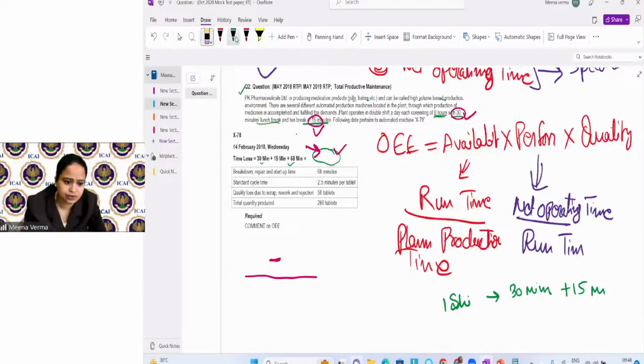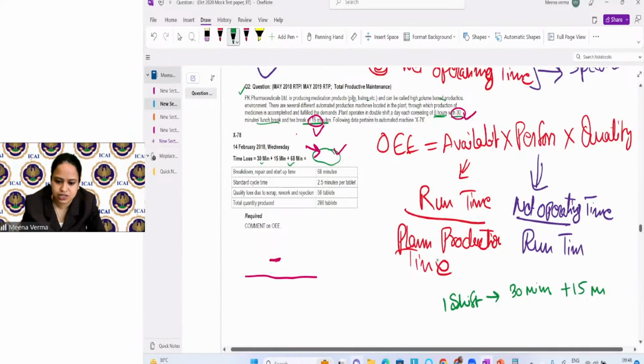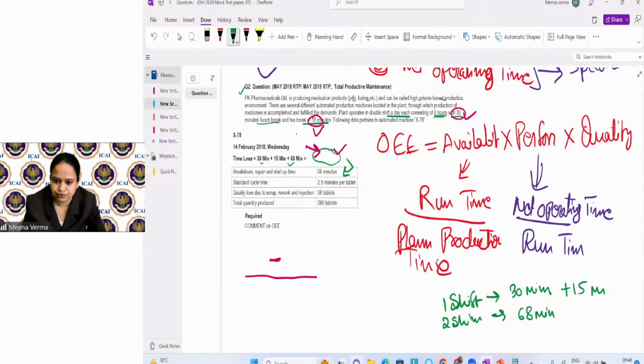And here the worker is having two shifts in one day. So the 68-minute loss is for the entire day, that is, the downtime during two shifts.